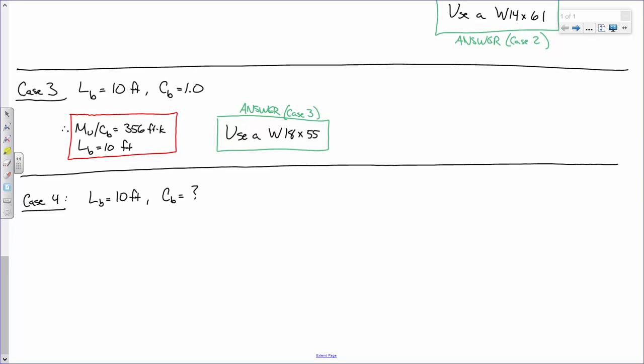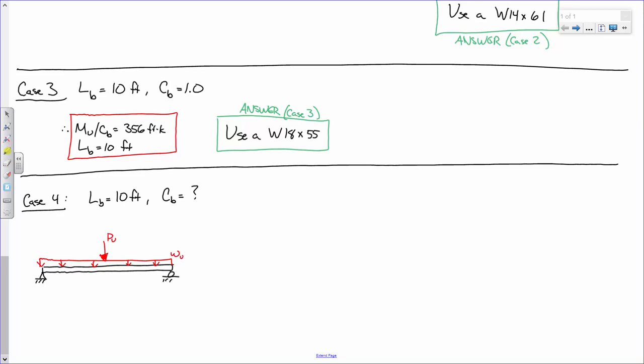All right. So here's case 4, and I want to be absolutely clear as to what's going on. Here's the beam, and we have, bless you, all that load on there. We've got a PU and a WU.